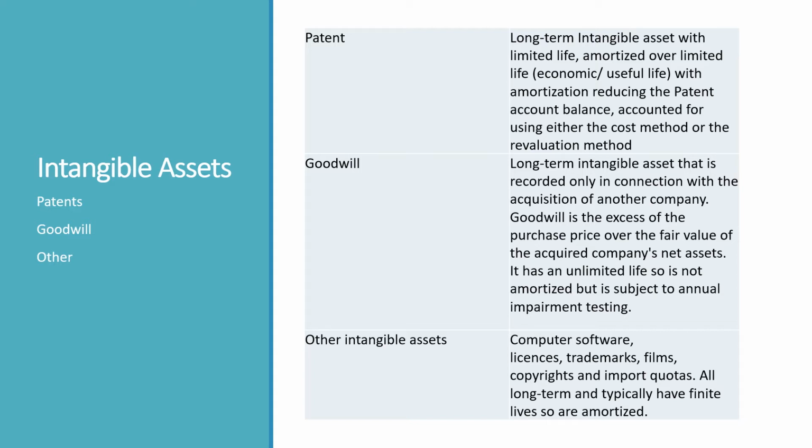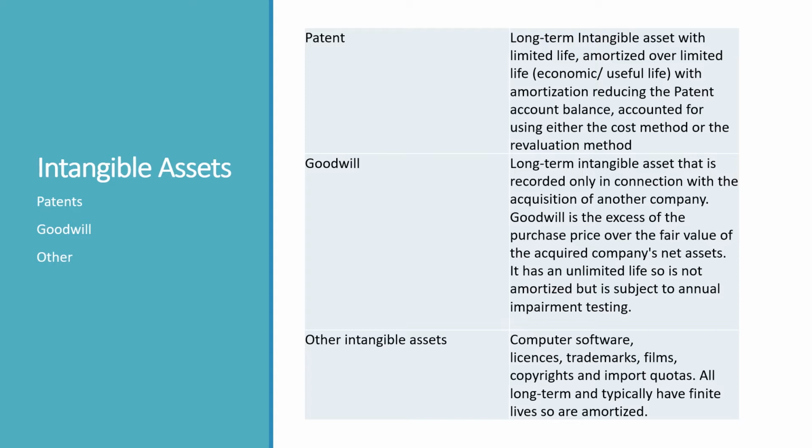A second type of intangible asset that we see pretty often on balance sheets is goodwill. So goodwill is only going to be recorded in connection with the acquisition of another business. So if we go out and acquire another business and the price we pay is greater than the fair value of the business's net assets, that is what we're going to record as goodwill.